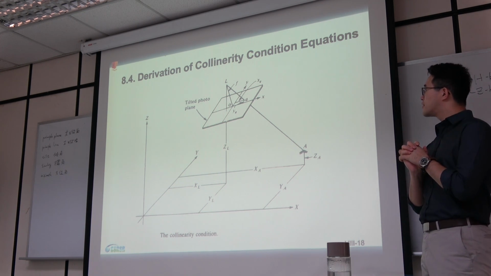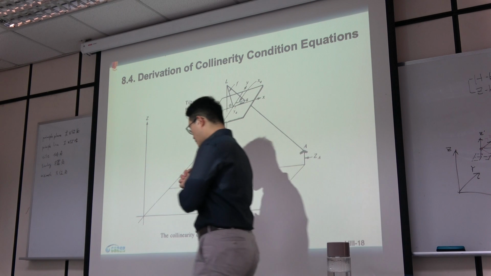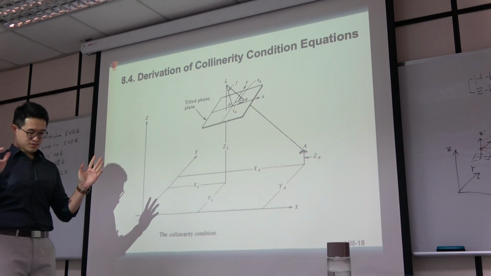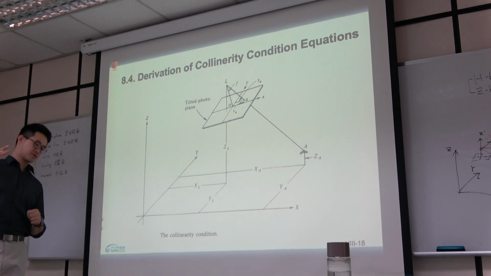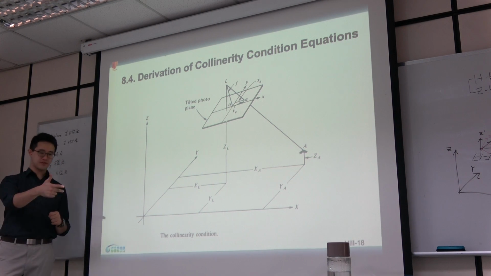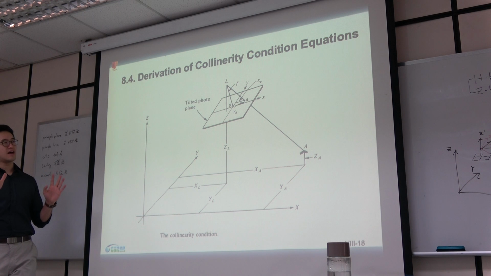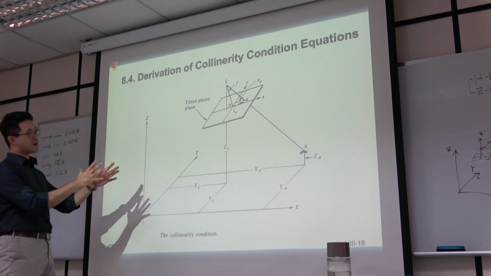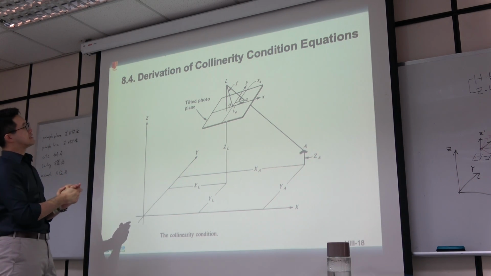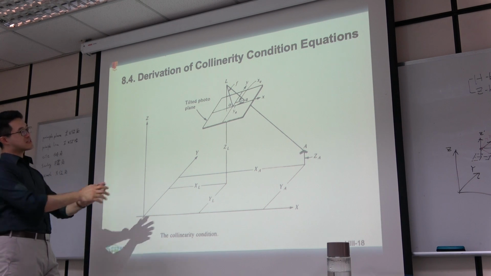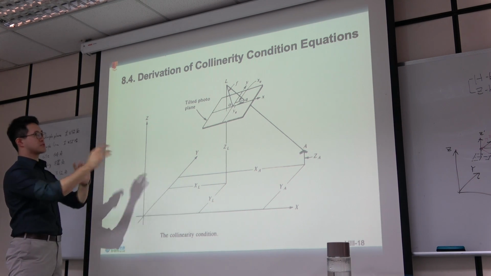All right. So first of all, with the knowledge of how to derive the relationship between the vertical photo coordinate system and the tilt photo coordinate system in mind, here we are going to derive the coordinate condition equation. So these are the variables that we have.